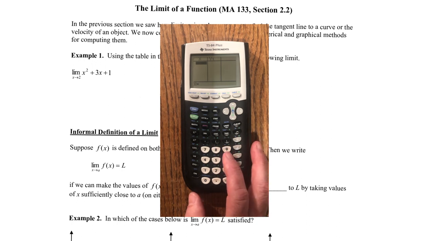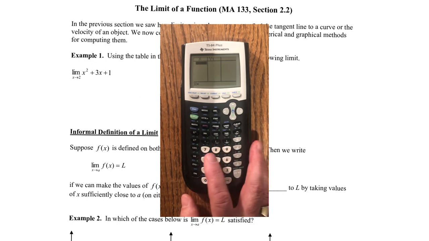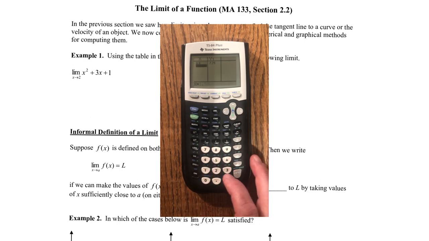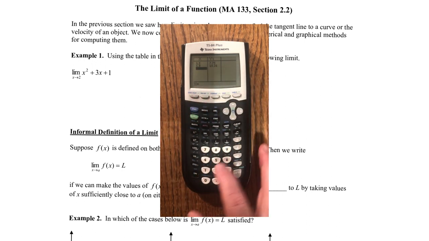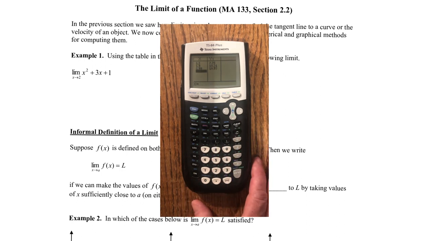So I could plug in values a little bit below 2, like for instance 1.5, 1.9, and it's evaluating the function at these points, 1.99. Now with this one, it's a simple polynomial, so we could actually just plug in 2.